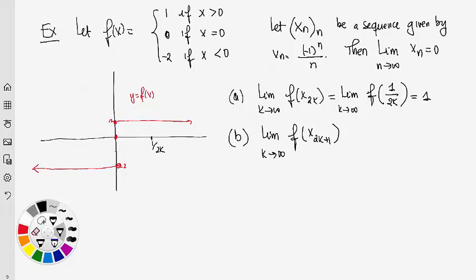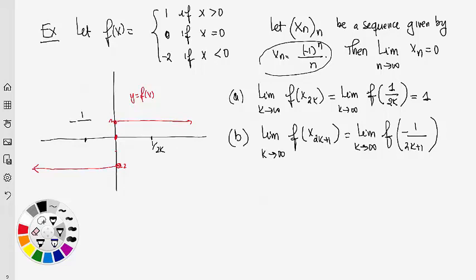the limit of x2k plus 1, because x2k plus 1 is odd, that would be negative, it would be f of negative 1 over 2k plus 1. If you plug that into this sequence here, because negative 1 over 2k plus 1 is negative, somewhere here, that will be negative 2.